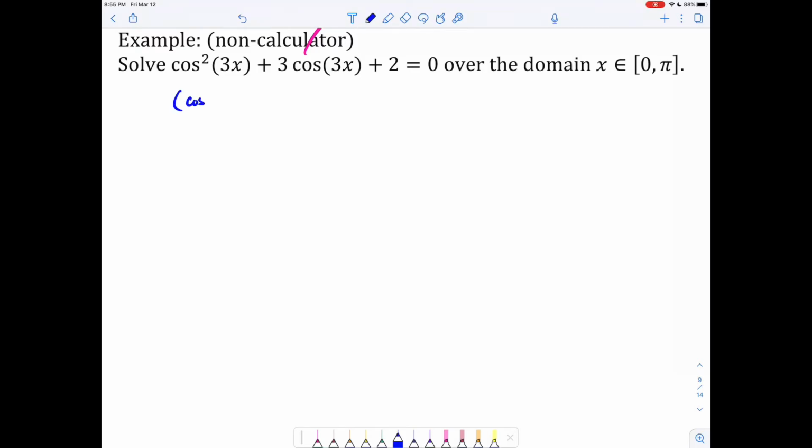We're going to have cos of 3x in both of these brackets. And just straight up a plus 2 and a plus 1 equals 0. And then we can start isolating things.